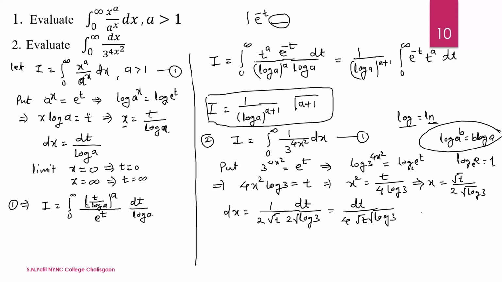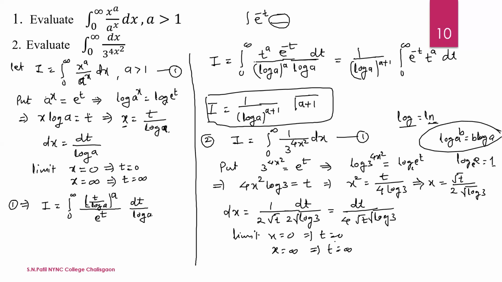Okay, now the limits. When x is equal to 0, put x equal to 0, we get t is 0. X is equal to infinity, we get t also infinity. Now put all these things in equation number 1. So equation 1 becomes I is equal to, now I am repeating again, writing the same equation, 1 upon 3 raised to 4x square dx.